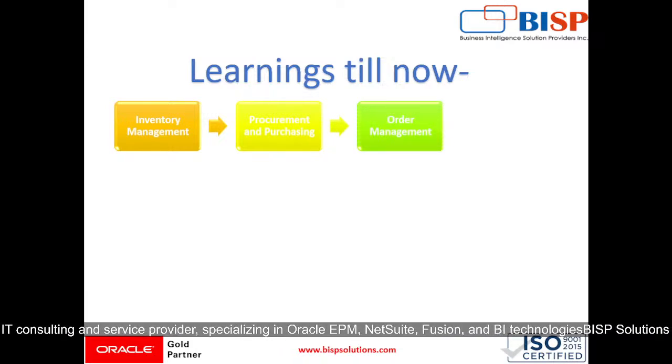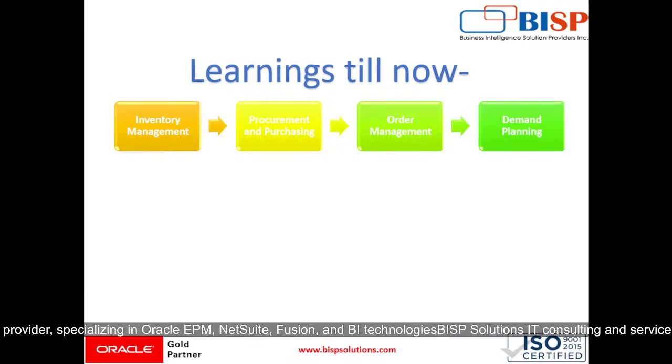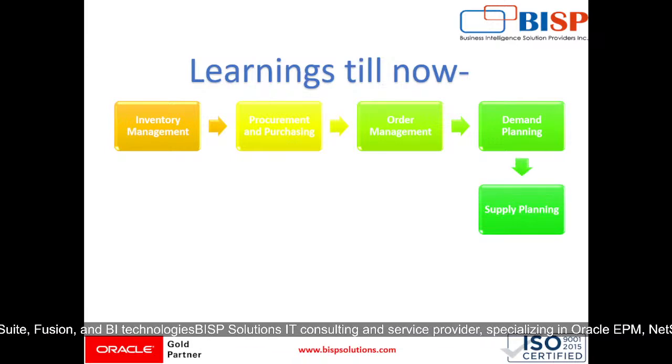Then comes our order management, which ensures seamless sales order processing, fulfillment, returns, and back orders. Then comes demand and supply planning, which uses forecasting, reorder points, and supply plans to maintain optimal inventory levels.